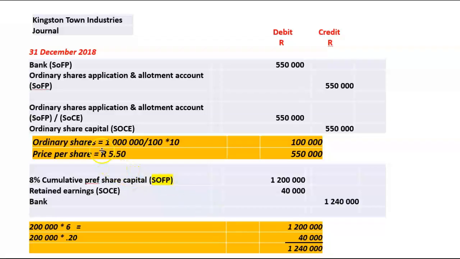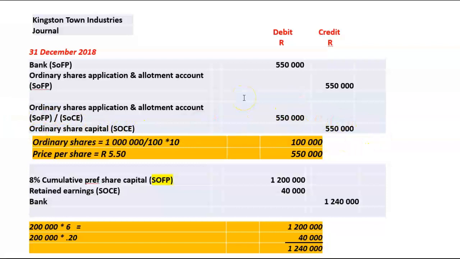That is the amount that we want to raise by this rights issue, 550,000. So in our bank account, 550,000, ordinary shares application and allotment account for 550,000, and then I'm going to debit that account and I'm going to credit ordinary share capital, statement of changes in equity.